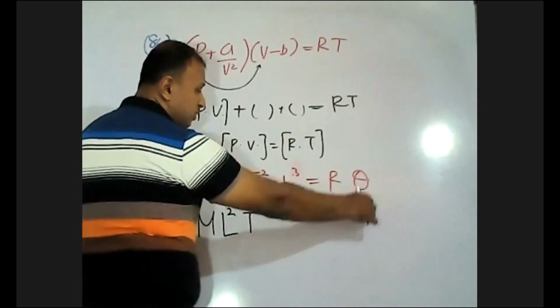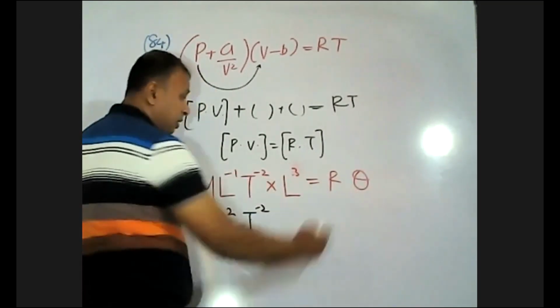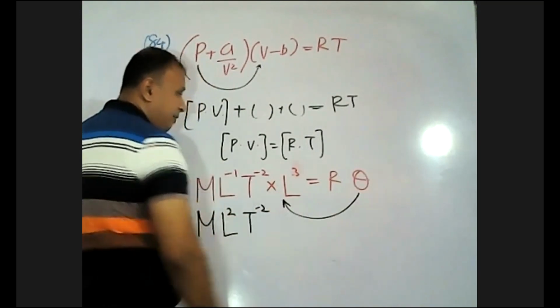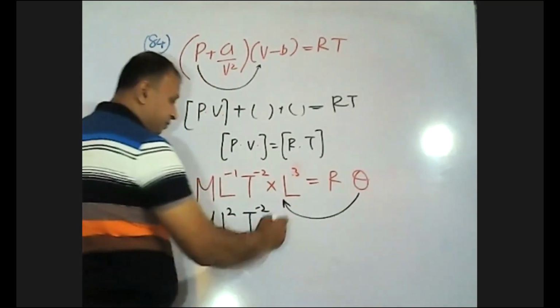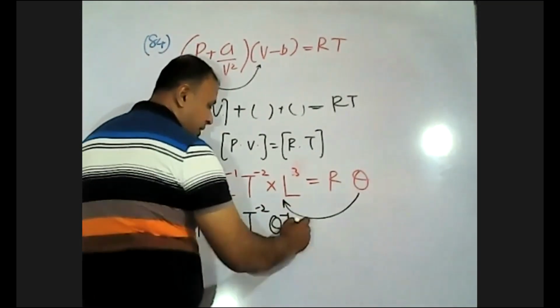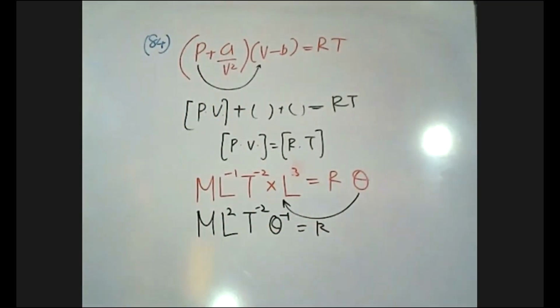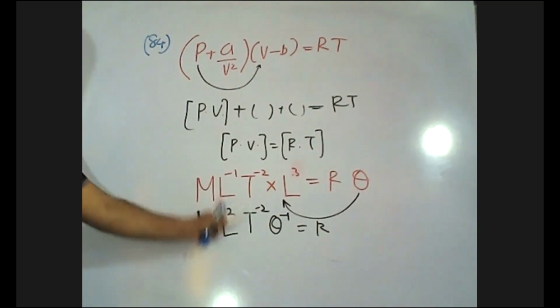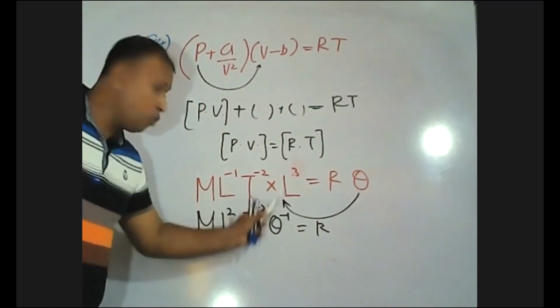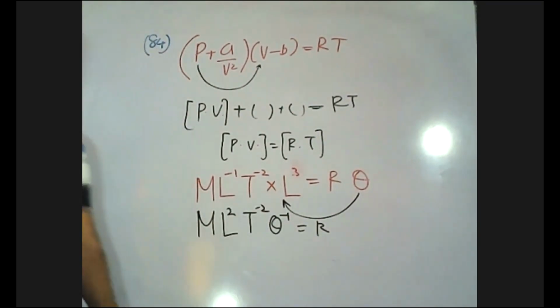Here there is theta, so I bring that to the left hand side, and it will be theta to the power minus 1. So my answer would be M L^2 T^-2 theta^-1.